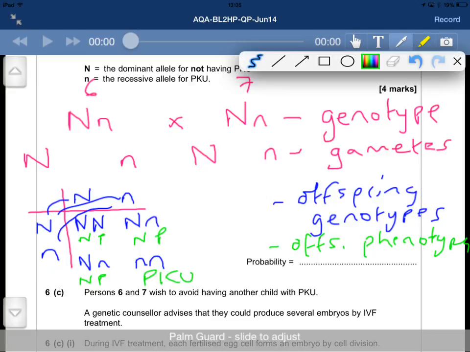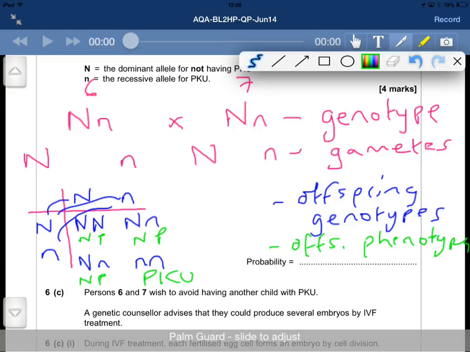Okay, so this is the way I want you to do these genetic crosses. We write what the genotype is, that's the 2 letters together. We separate the 2 letters and we write gametes on that line. We then do a Punnett square of the gametes. We write out what those crosses all make and we call it the offspring genotypes.